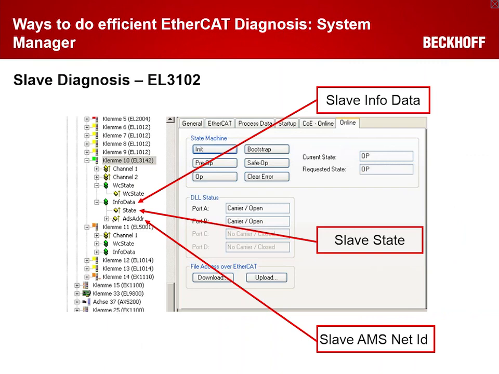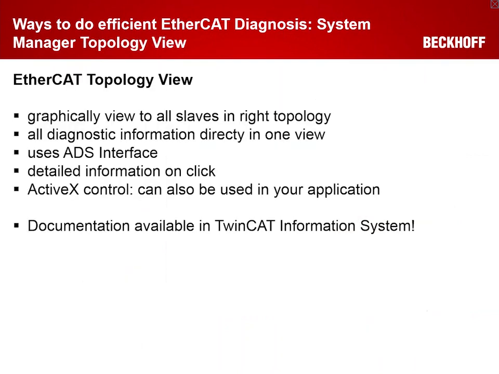On the slave side, we have also a lot of information available. We have the slave state available, so you can directly map this to a PLC variable. Sometimes we have also ADS addresses available, not for every slave, but for some slaves. And of course, you can use this directly in your PLC. We have our EtherCAT topology view, which is seen directly from the system manager or from the XAE.